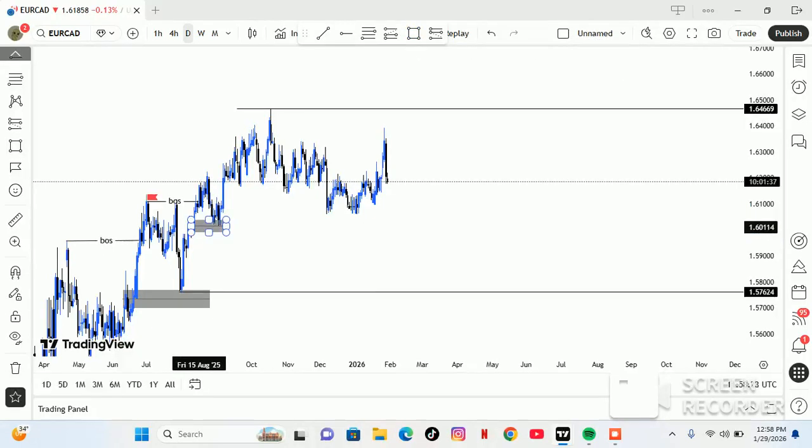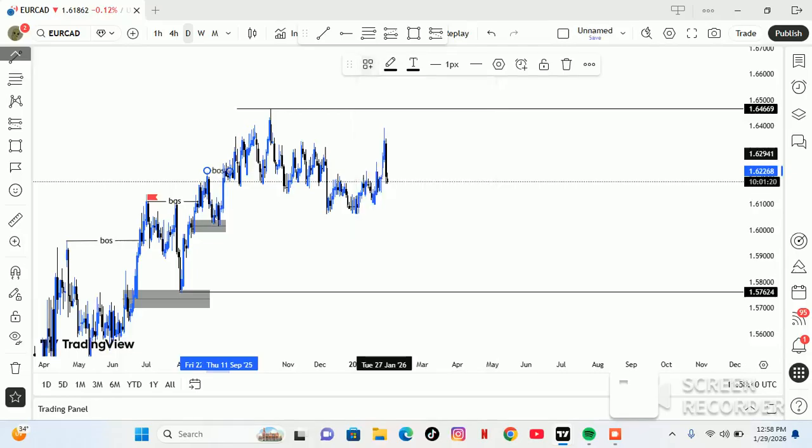I'm telling you guys how I found a zone. It reacted from this breaker here, then it broke structure, then it broke this minor structure here.